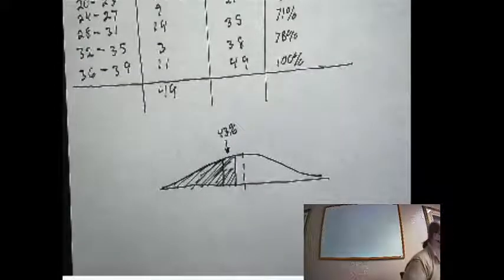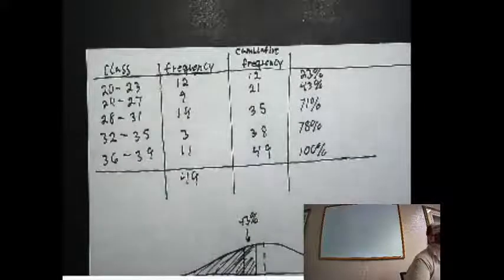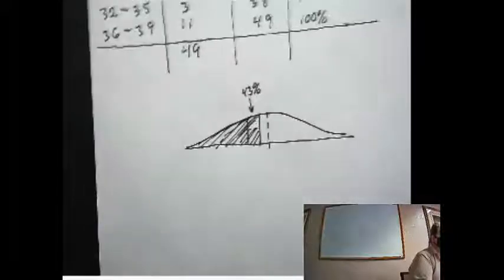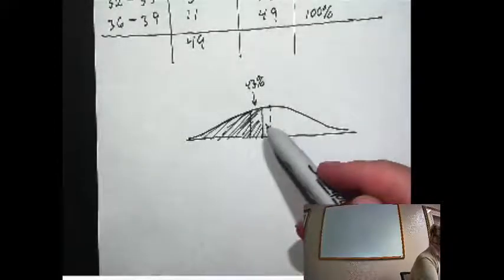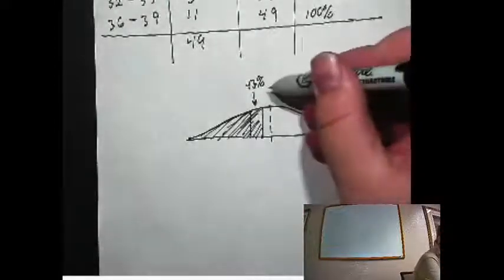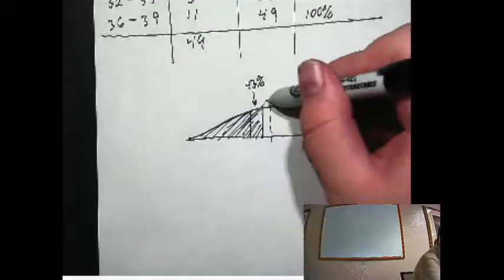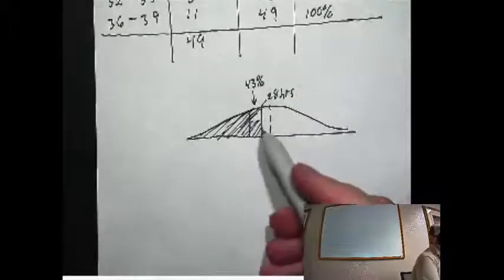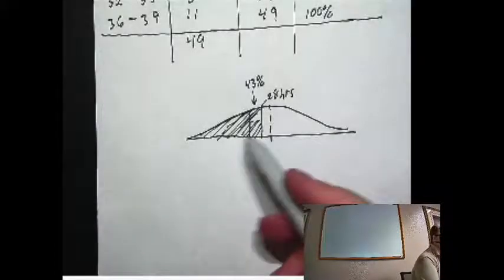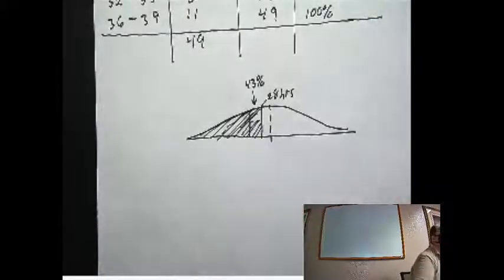That then gives us a probability. We can say, all right, if this is the amount of time that students work on homework, then we can say 43% of our students work under 28 hours. So 43% of the students work under 28 hours in the week on homework.